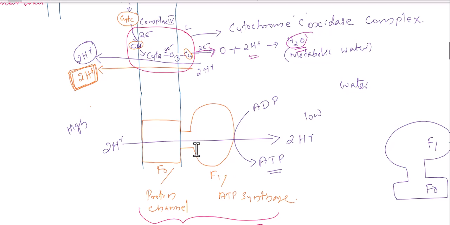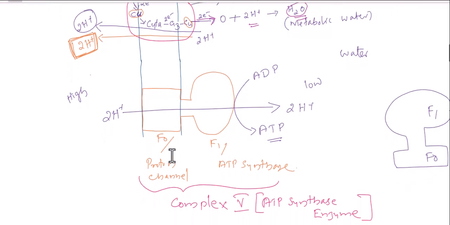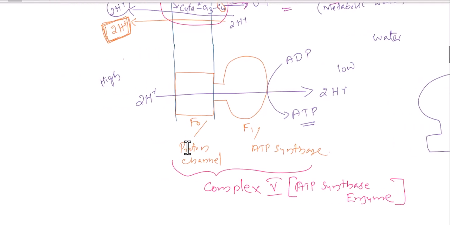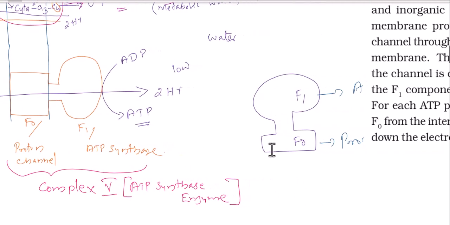That movement of protons back into the matrix occurs through a special type of protein complex present in the inner membrane. That is what we can term oxysome or F0-F1 particles. The F0-F1 particle appears like this. You can see here the structure of that particle.